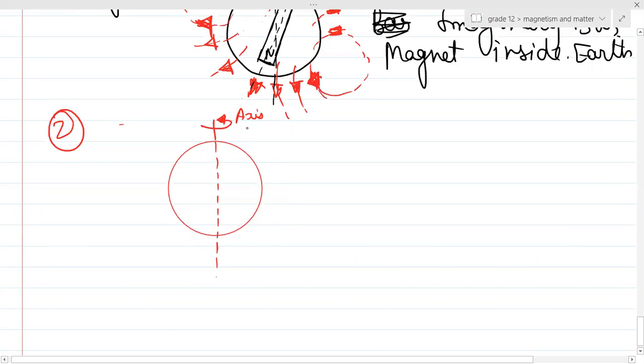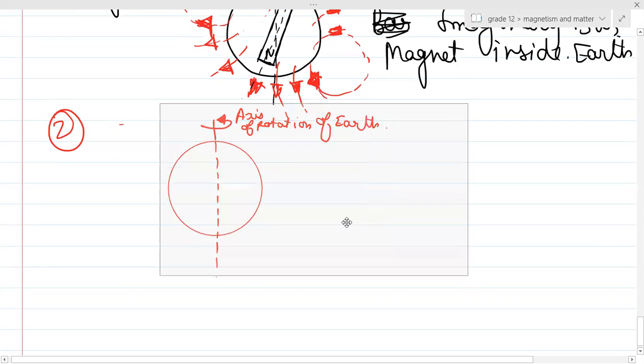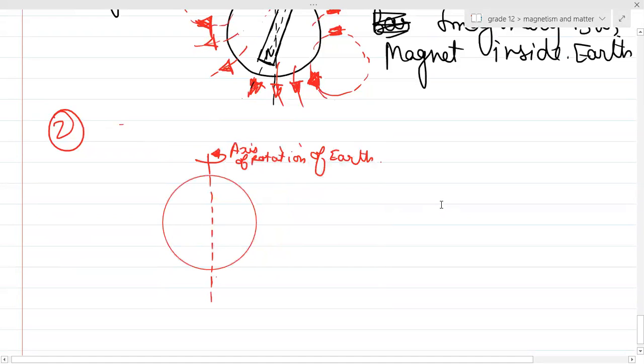This is the axis of rotation of Earth. It is found that there is molten metal inside the core of Earth. Yes or no? Everyone, I think, knows about this fact, right? There is molten metal inside the core of Earth, molten iron and other heavy metal alloys.